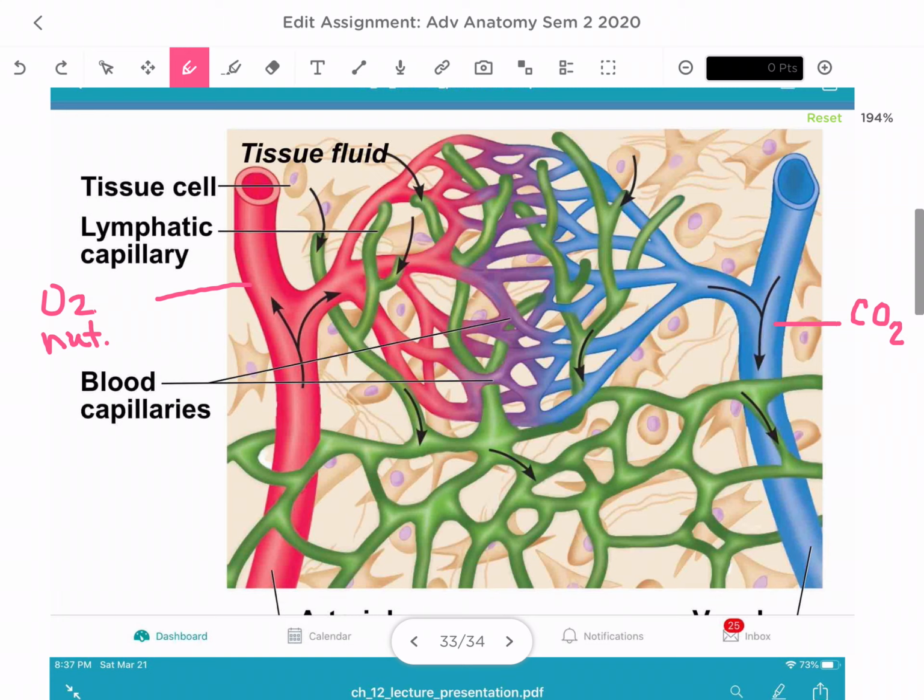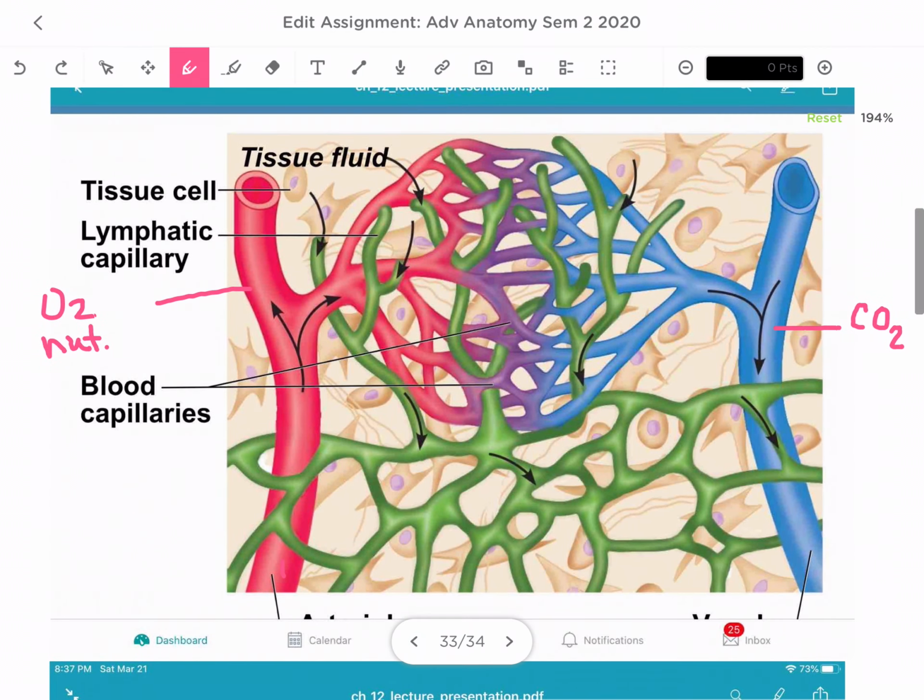So this right here is blood coming out of your heart and going to your body. And this blood over here is going into this vein and back to your heart to be pushed to the lungs so it can pick up oxygen again.